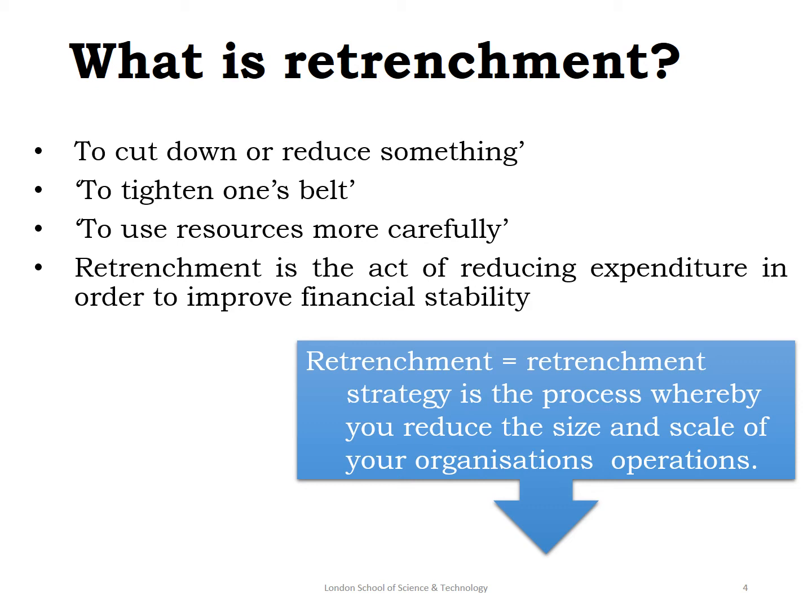So retrenchment, as a strategy, is the process whereby you reduce the size and scale of your organization's operations. If we think about Tesco's, when Tesco's went into retrenchment, we can see that they closed down some of their central distribution centres within the UK as a form of retrenchment to cut down on the size of their operations.